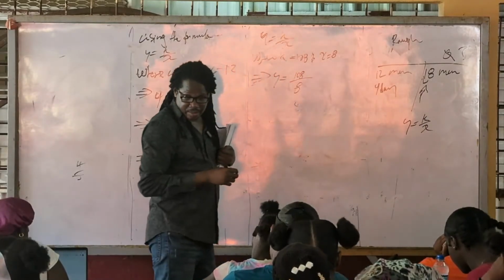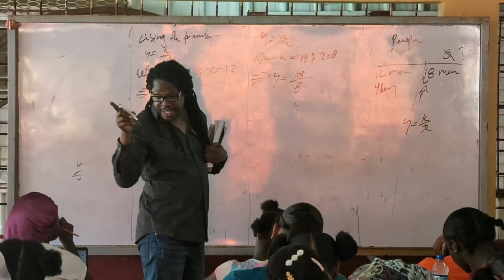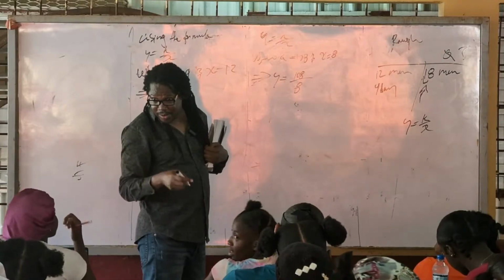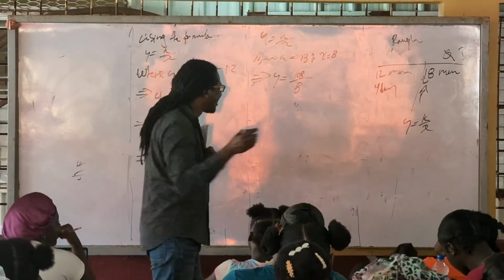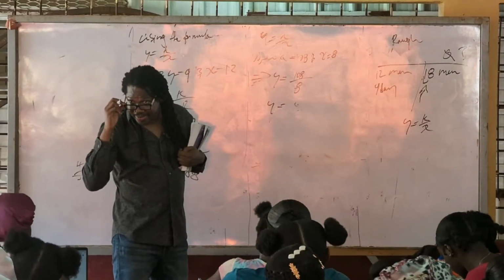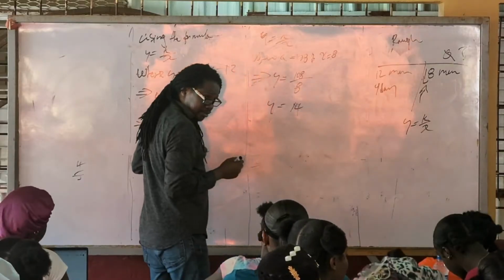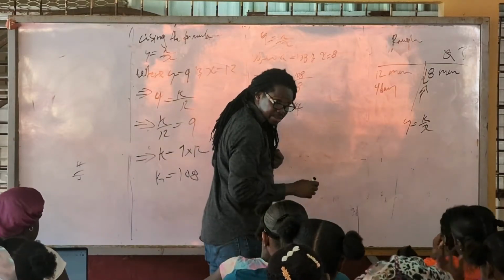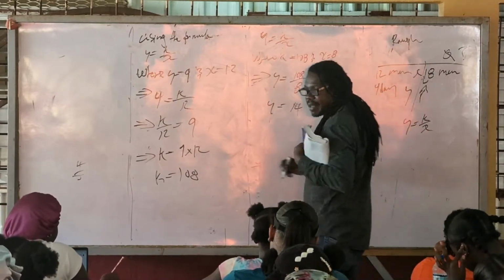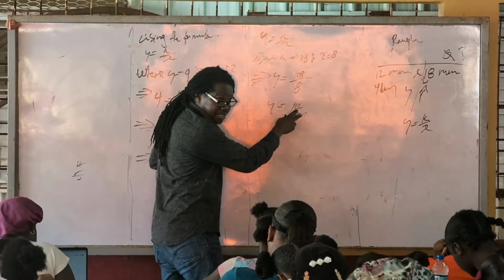Everybody see that? Ready now? Y equals 108 divided by 8. 13.5. 13.5 what? How do we know it is days? Because Y is days and X is men. Everybody see that? Good. So we find Y equals 13.5.